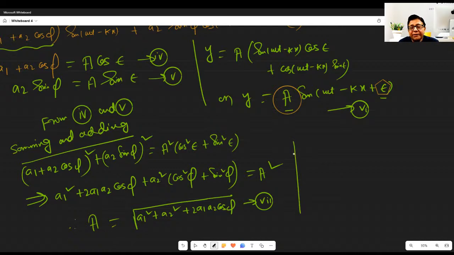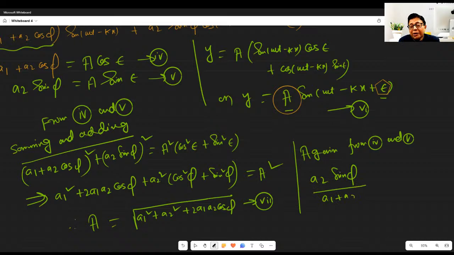Again from 4 and 5, what do you get? Dividing 5 by 4, A2 sin phi by A1 plus A2 cos phi will be equal to tan epsilon.